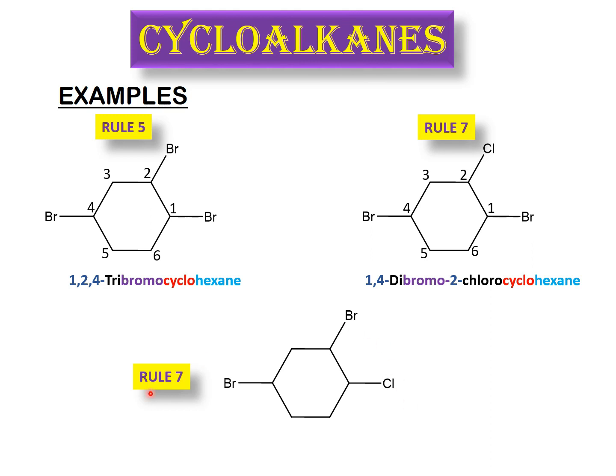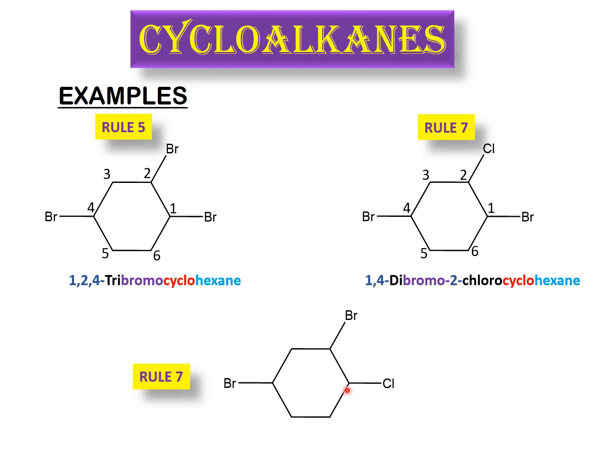Now, rule number 7 suggests that first you have to start numbering from a substituted carbon and proceed in a direction so as to give lowest possible positions to all the substituents.